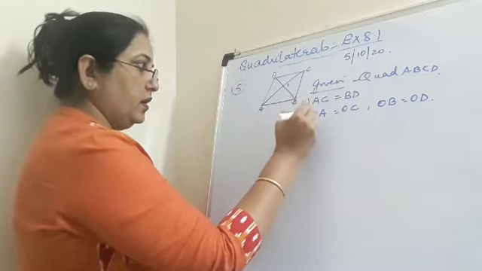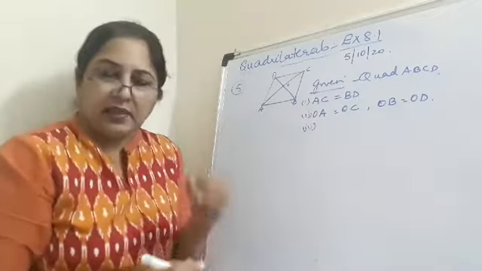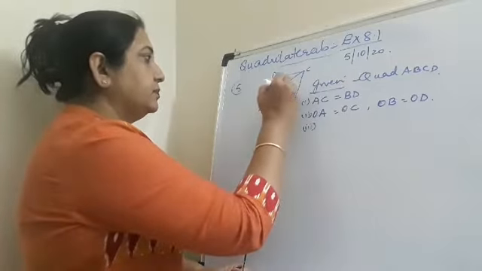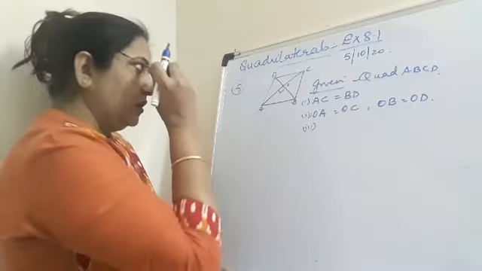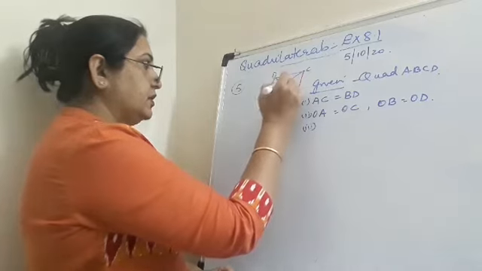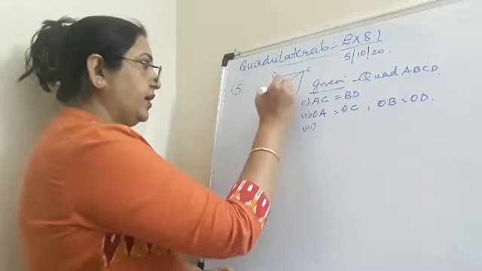Then it also says that the diagonals bisect each other at right angles. So these are right angles. In the center, angle AOB, angle BOC, this angle and this angle are all right angles.